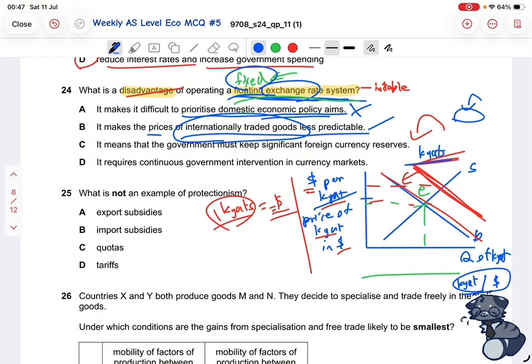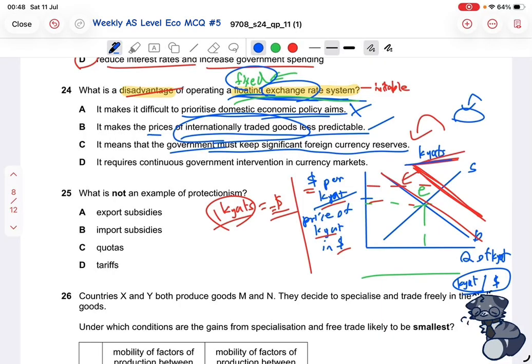The next one says that it means that the government must keep significant foreign currency reserves. Well, like I said, the floating exchange rate is based on the foreign exchange market, otherwise known as the forces of demand and supply of the foreign exchange market. So there is no government intervention or government policies involved. This must be referring to the fixed exchange rate system again.